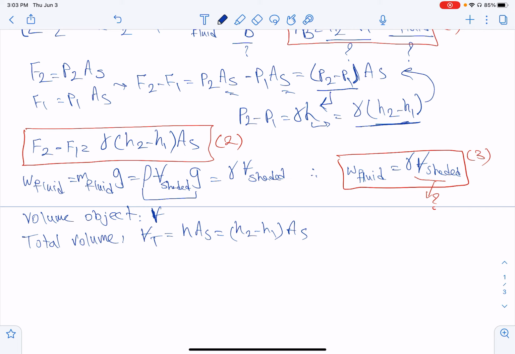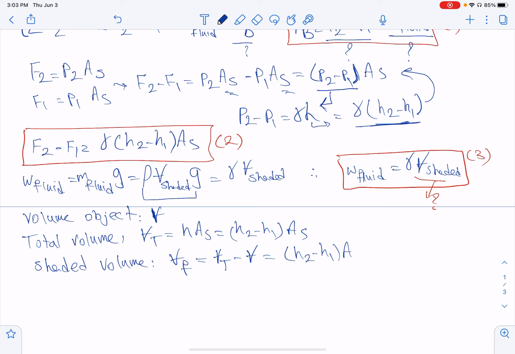So if we call the shaded volume the volume of the fluid, we can subtract the volume of the object from the total volume and find it. So the total volume minus the volume of the object is equal to H2 minus H1 times AS, right? And minus the volume of the object.